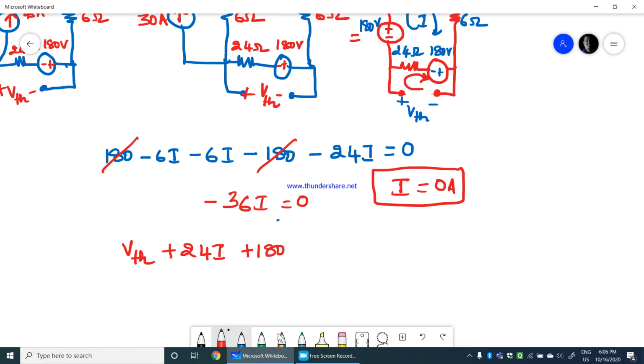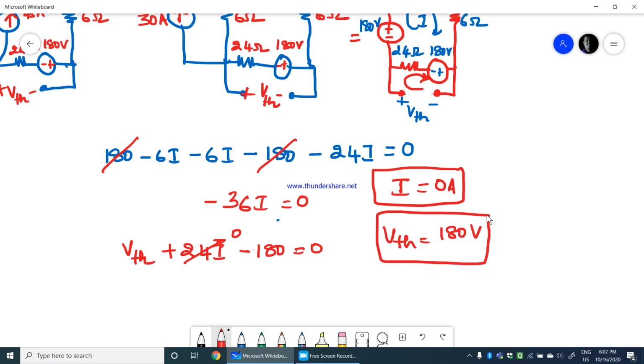Sorry, it is not plus 180, because again the current direction is different compared to I, so this becomes minus 180, equals 0. Now as we know I equals 0, this term will become 0. Therefore, VTH would be equal to 180 volts.